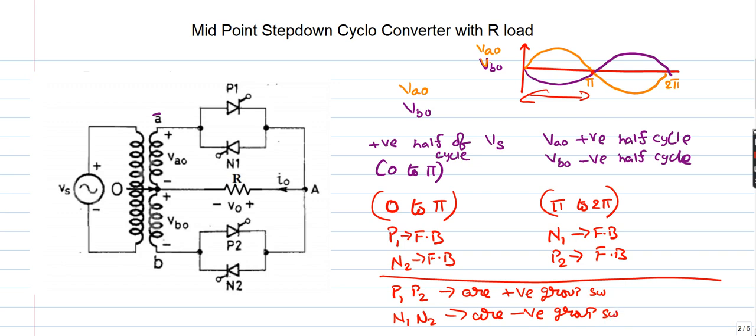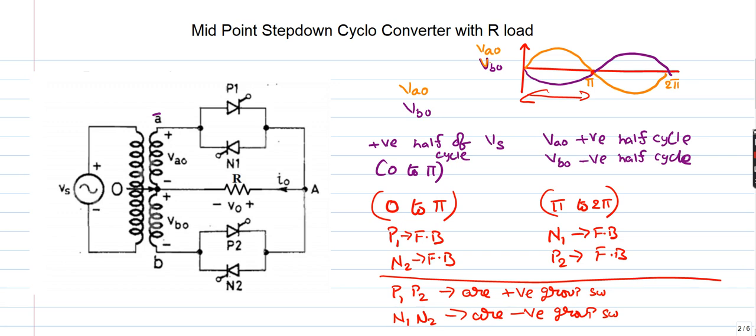So positive group switches means when positive group switch is in conduction, the output voltage is expected as positive. When negative group switches are in conduction, the output voltage is expected as negative half cycle. Simply, when P1 is in conduction, P-type switches are in conduction, then I can say the output voltage is having positive half cycle. When N group switches, N1 or N2, are in conduction, I can expect negative half cycle in the output voltage. We will see why.